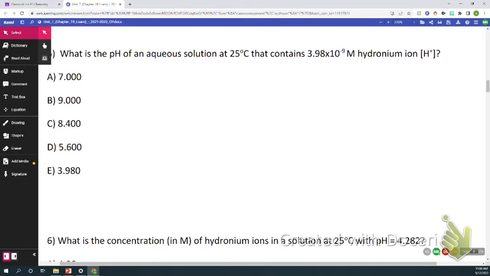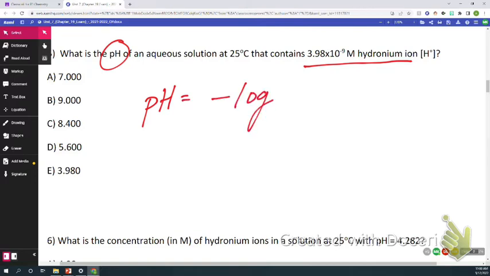This is just as simple also, right? This test was very doable. This is H plus. They want pH. What do you need to do to that number? pH is negative log of H plus. So all you have to do is negative log that number, and that's the pH, and you're done with this problem.